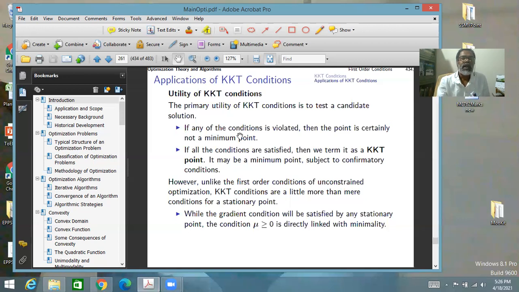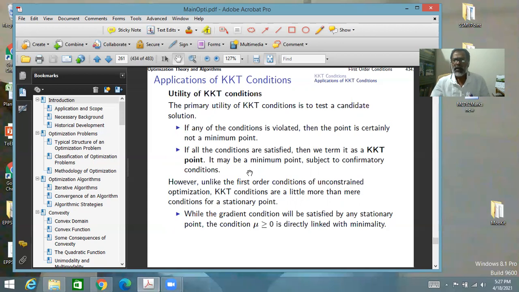However, in the case of unconstrained optimization, we saw that first order conditions are satisfied by a maximum point also, a saddle point also. Compared to that, here KKT conditions in the general case are a little more.